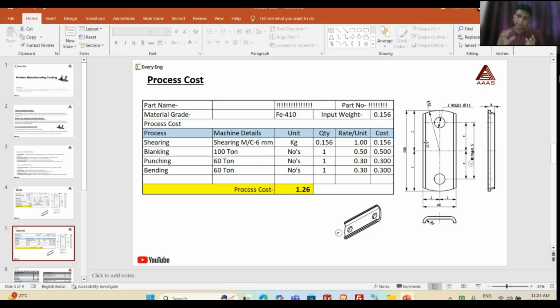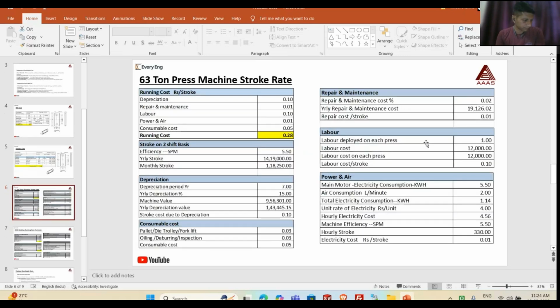So it is a similar concept to calculate. Now we move to our main point: how to calculate 50 paisa for 100 ton, 30 paisa for the 60 ton. This is the calculation for a 63 ton press machine per stock rate.